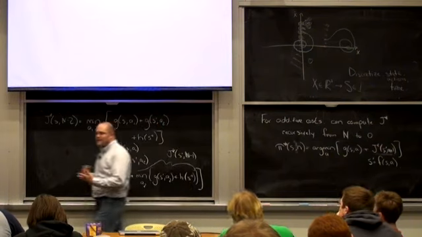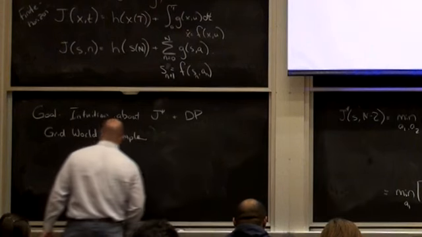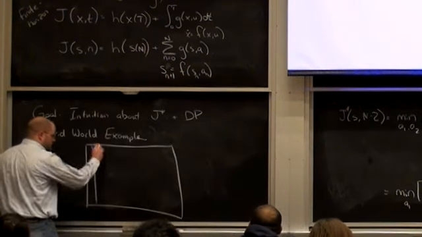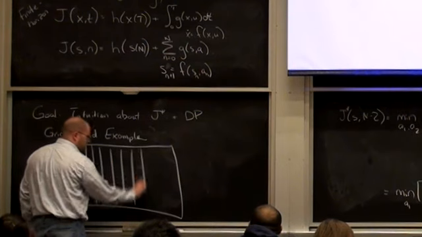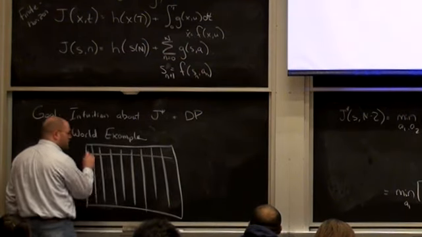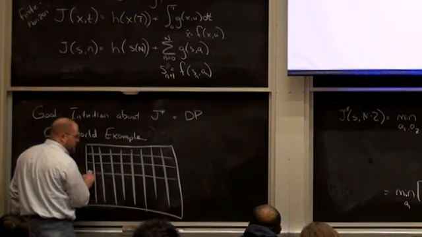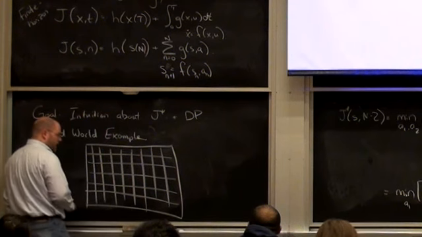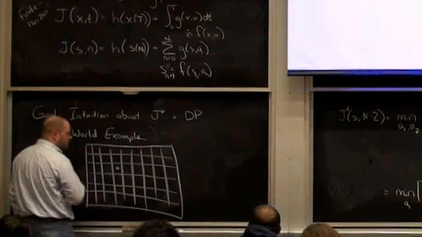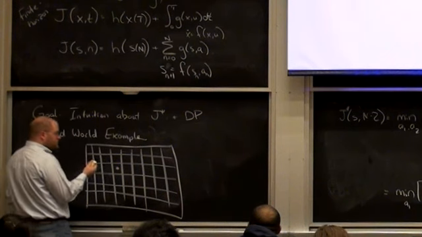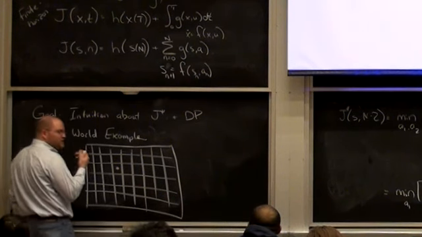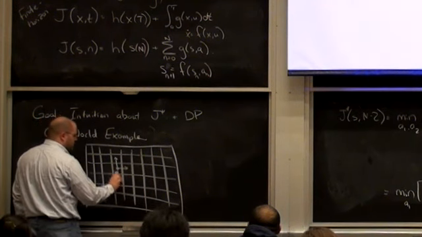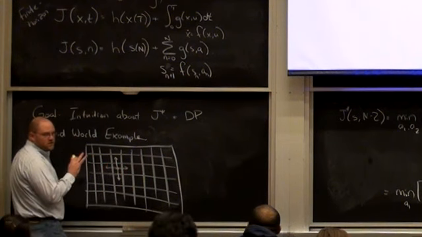I can make that even more transparent by saying, now you're a trash can robot in a room. You're going to be in one of these tiles, on one of these blocks. So there's a finite, discrete state space. I won't draw a trash can robot, but let's say I'm here. And when you're here, you have 5 discrete actions you can take. You can move up, right, down, left, or you can sit still.